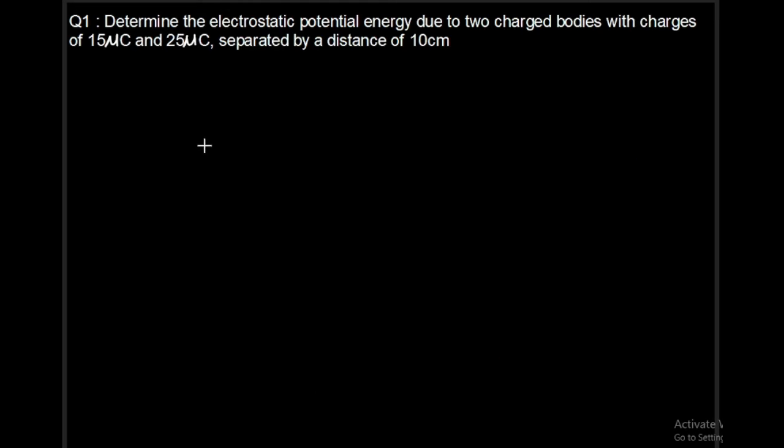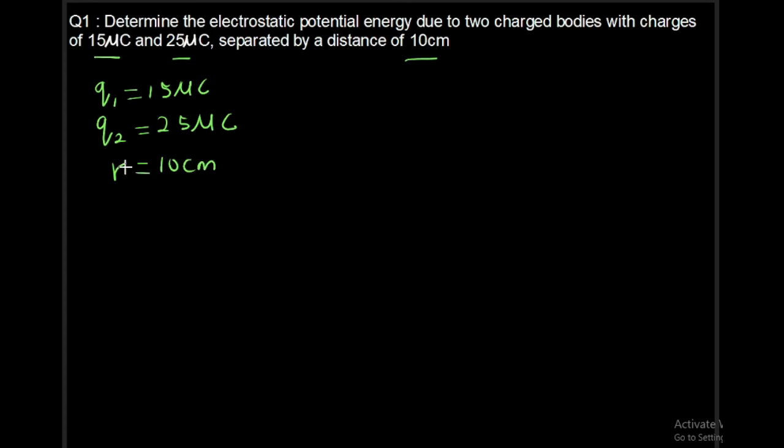Okay, for this question, it says determine the electrostatic potential energy due to two charged bodies with charges of 15 microcoulomb and 25 microcoulomb separated by a distance of 10 cm. So we have two charges, charge 1 being 15 microcoulomb and charge 2 being 25 microcoulomb, and the distance between them is 10 cm.